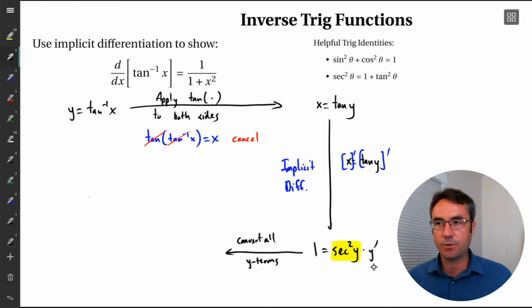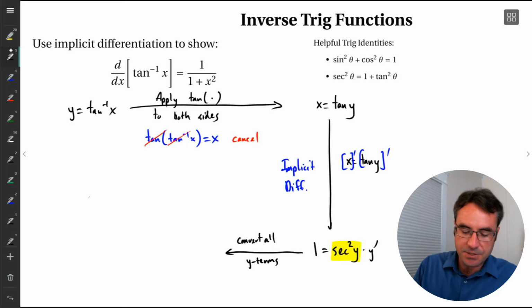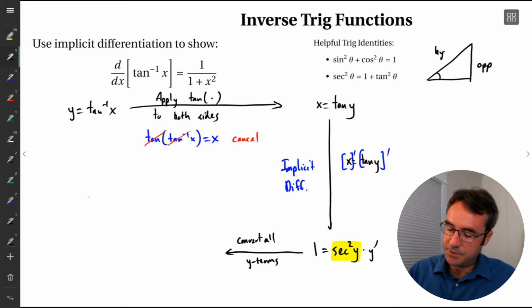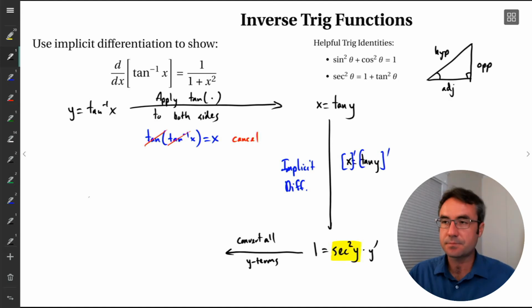The y prime is okay though. And how we're going to do this is, again, with a right triangle. So let's start with our right triangle here. We have our angle, the opposite side, the hypotenuse, and the adjacent side. And our right angle is right here.